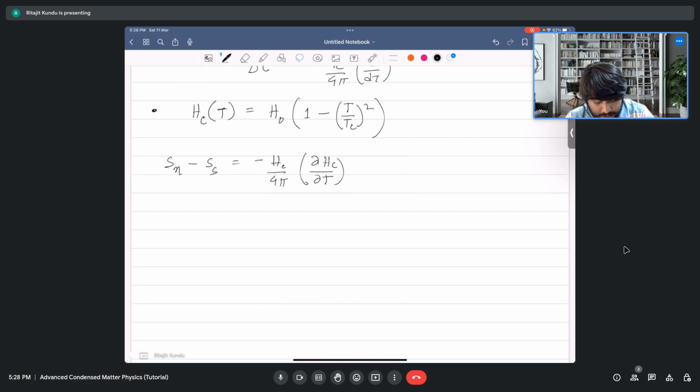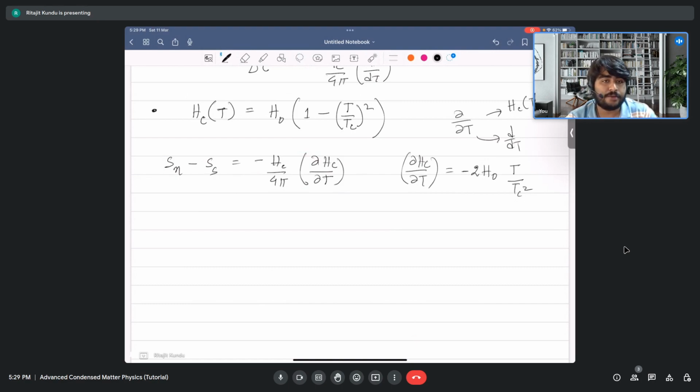So let's calculate dHc/dT first. dHc/dT will give us 2H0 T by Tc square, with a minus sign. I am mixing del/del T and d/dT, but because we are assuming that Hc only depends on T for now, del/del T and d/dT are the same.